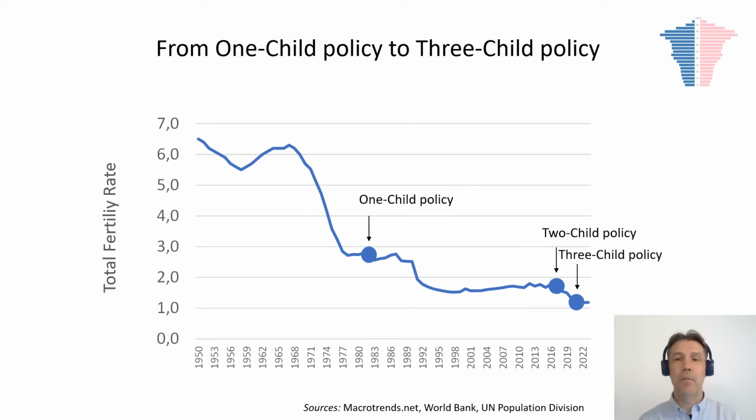It means that couples are allowed to give birth to up to 3 children, and China also abolished the social maintenance fee for families having more than one child.